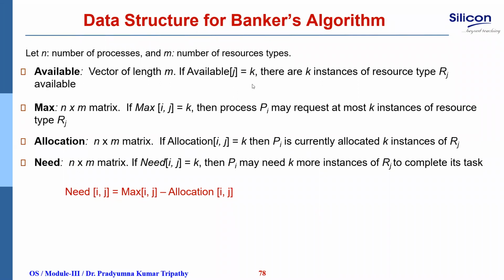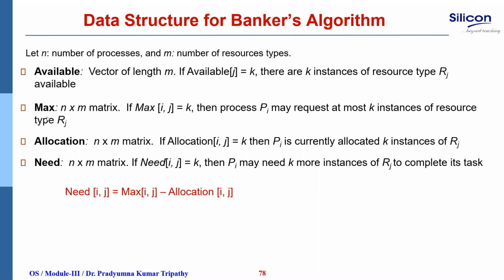Available of tape drive equals 2, that means 2 tape drives are available. So available is the resource equal to the number of instances. Correct? It is a one-dimensional array.